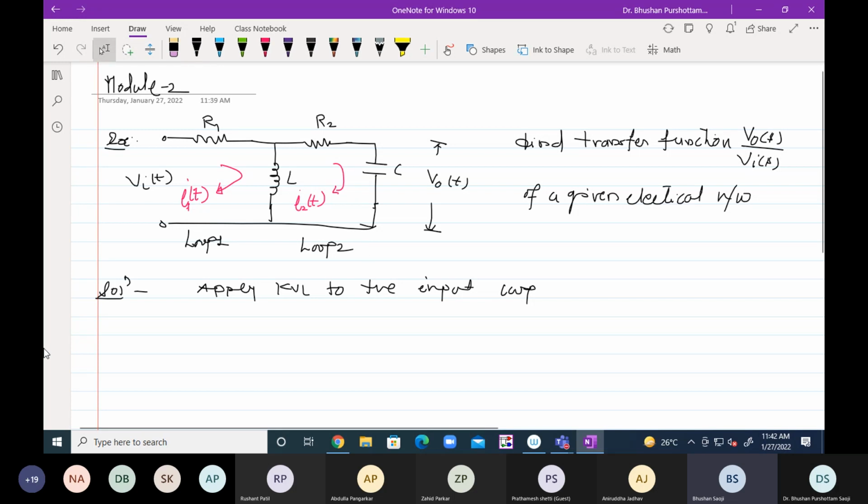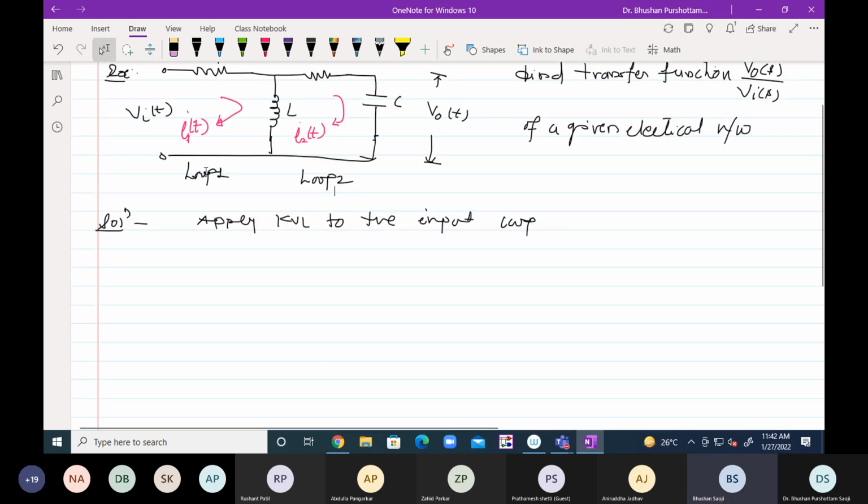Loop 1 is the input loop and loop 2 is the output loop. So Vi of t equals R1 into I1 of t plus L into di1 of t divided by dt. So this is our first loop.